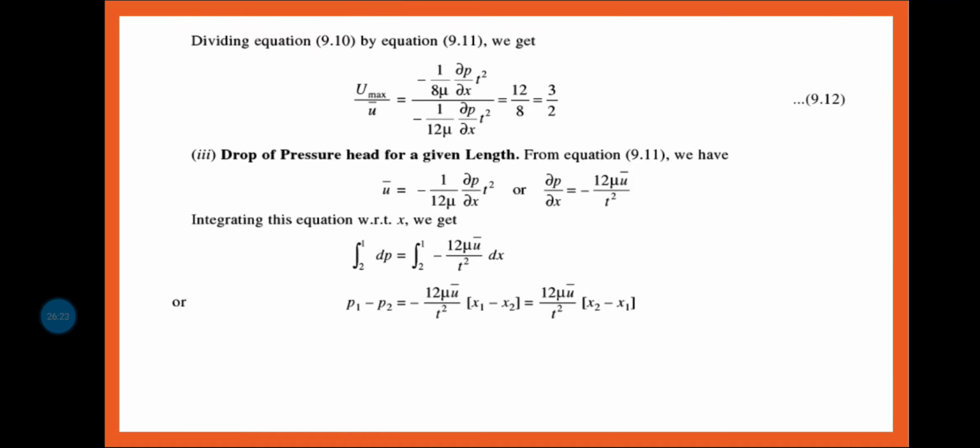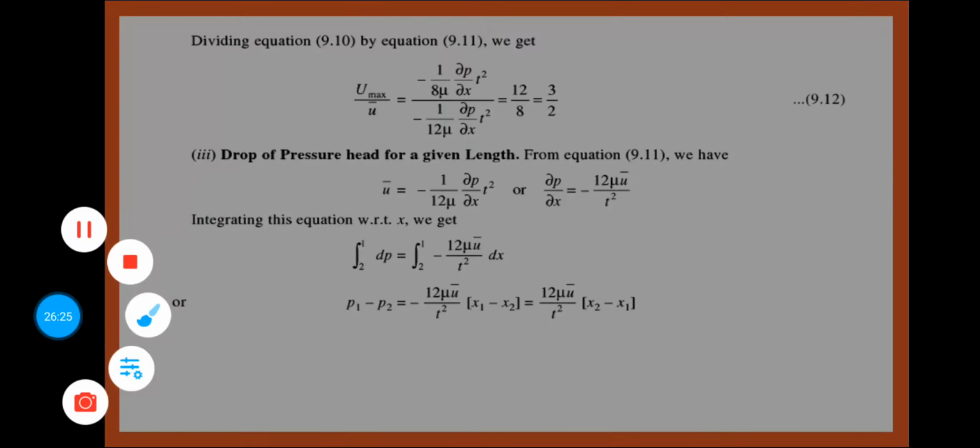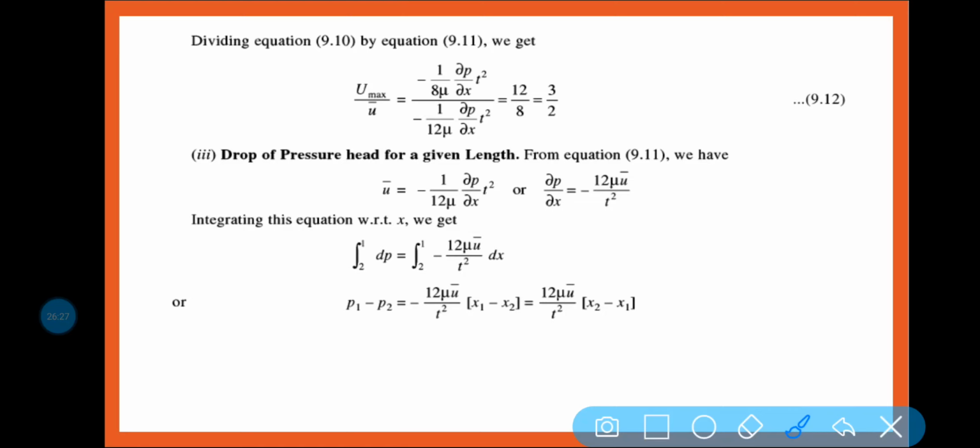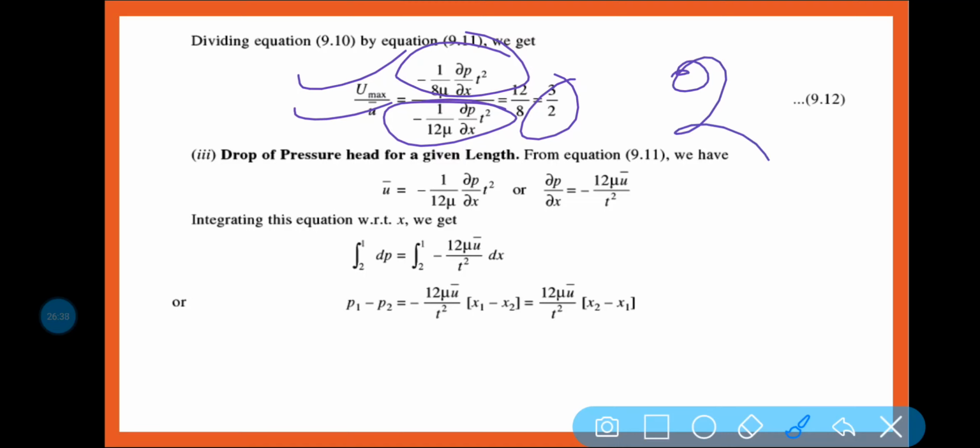Now let us discuss how we can find the ratio of maximum velocity to average velocity. In the case of a circular pipe it will be 2, and in the case of parallel plates it will be 3 by 2, that is 1.5.